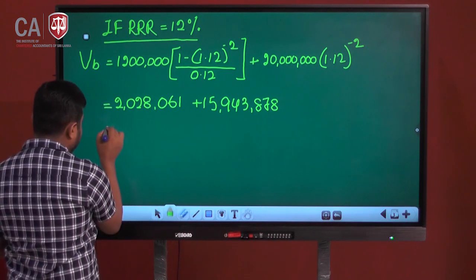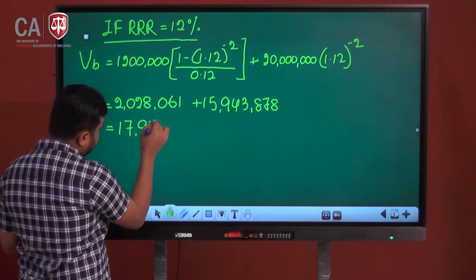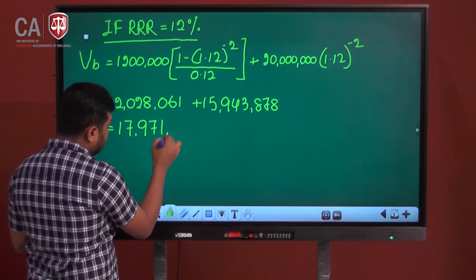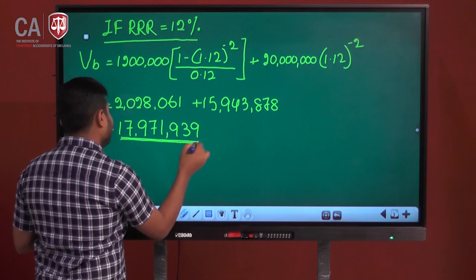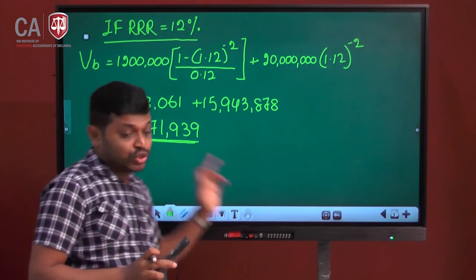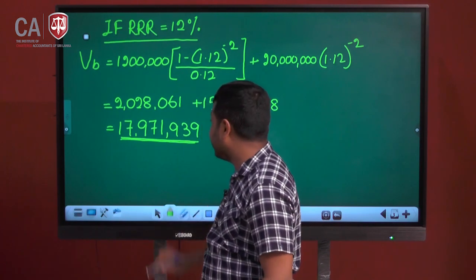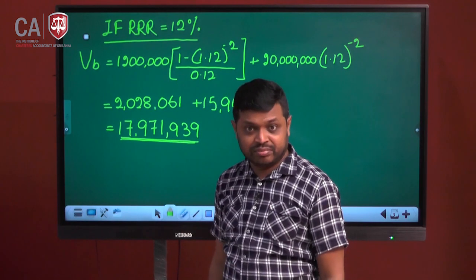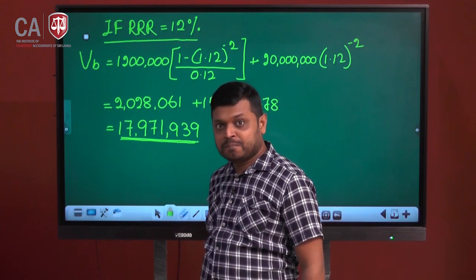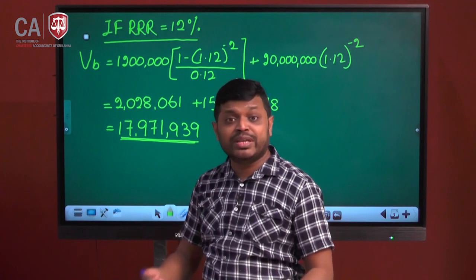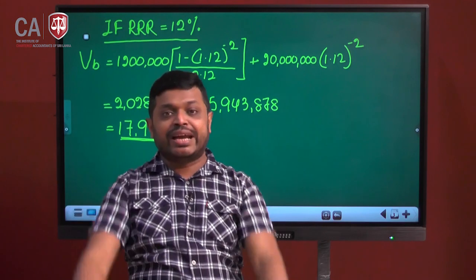It is 17,971,939. If your required rate of return is 12% and you hold this investment, you can collect 17.971 million. Then you will sacrifice how much? 17.5 million, because you have an offer to redeem your investment at 17.5 million.